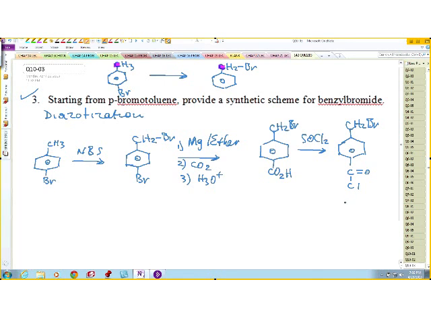Okay, Abraham, following your lead here. Now you want to add ammonia to form the primary amide. Okay, you could blame Abraham for this if this is not correct. Okay, so we'll get it.